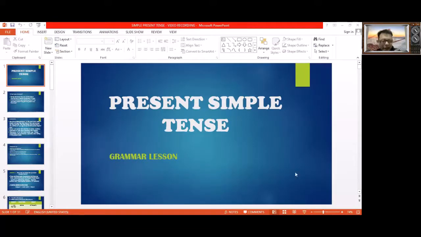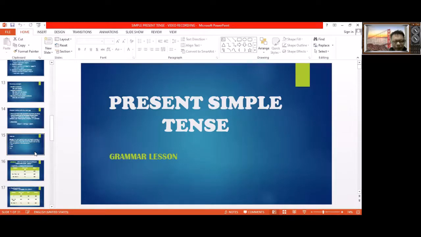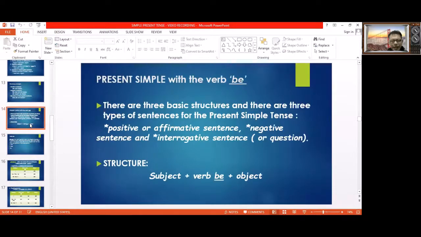Okay, so I'll be sharing my PowerPoint again. I hope you guys can see it there. So the last time we talked about the present simple tense using the verbs, and this time we'll be learning about the present simple with the verb be, or, as some books call it, the to be verb or verb to be.